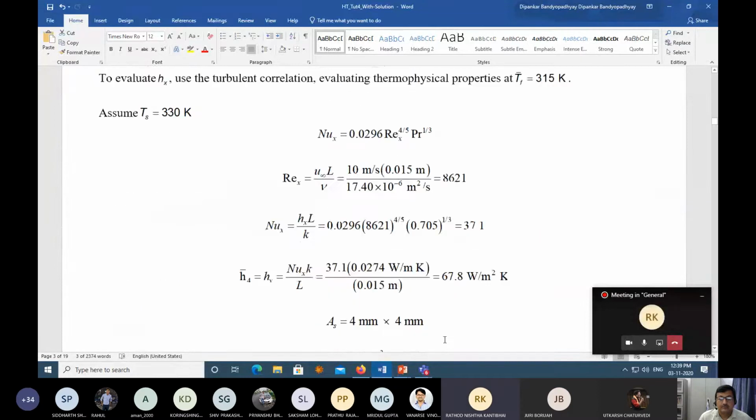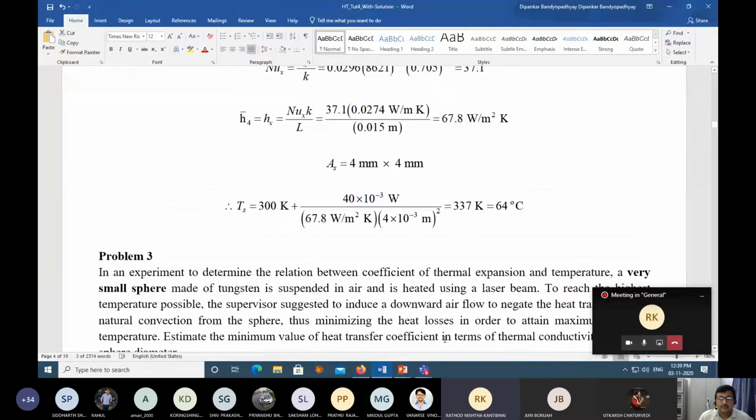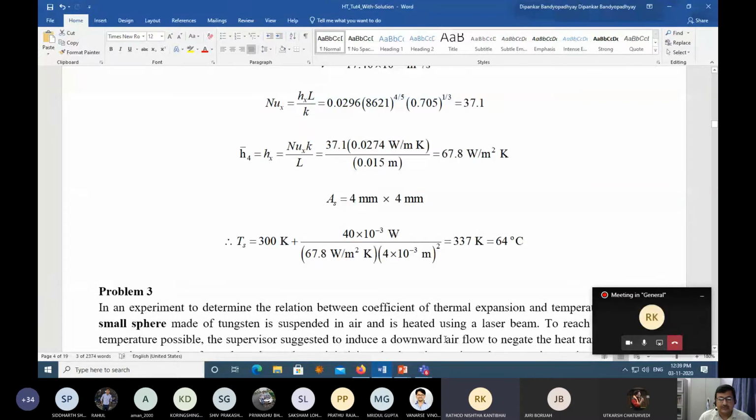So 367 Kelvin. Mine actually came 337. So this is the calculation, 40 milliwatt. By mistake I put the value of Hx wrong. It will be around 337.